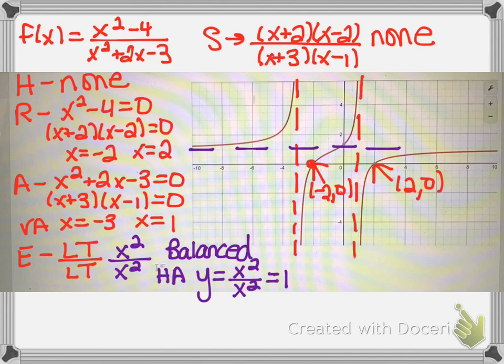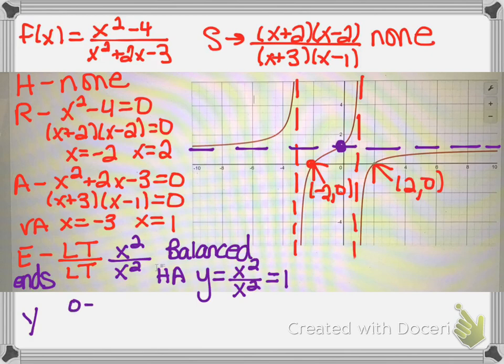And of course, we notice in the middle of our graph, we do actually cross that horizontal asymptote, because that is perfectly fine, because HA just controls the ends. It's E, ends or edges, however you want to think about that. Okay? And then the last analysis step is the y-intercept.